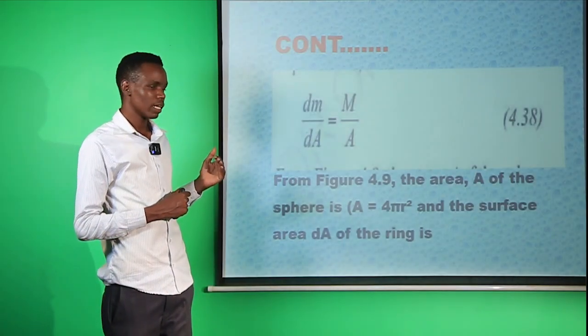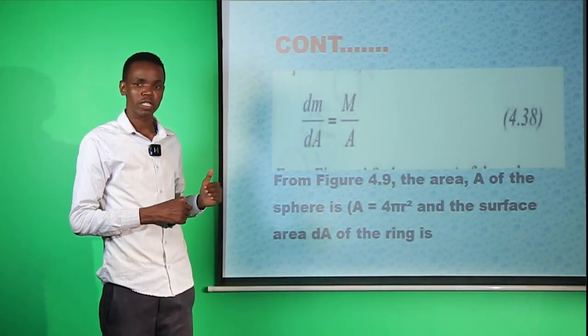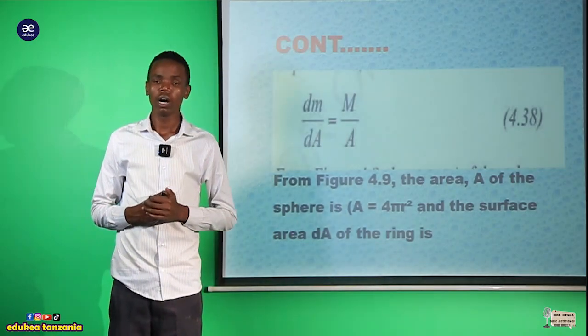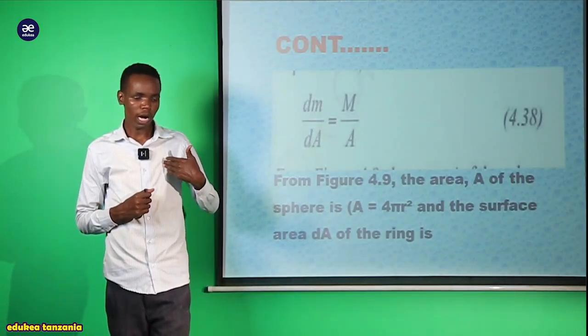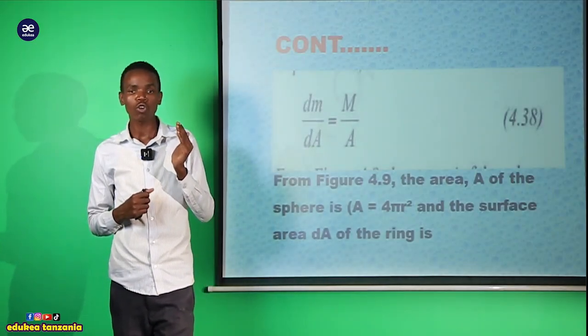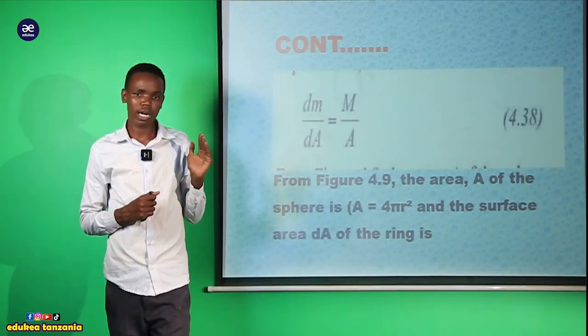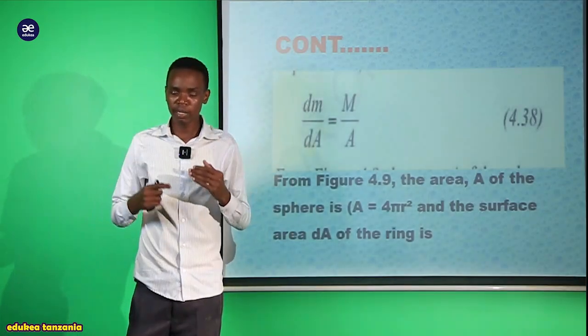So it can be expressed as dm divided by dA is equal to m divided by A. This is how the fraction of the total mass m and the surface area can be expressed.